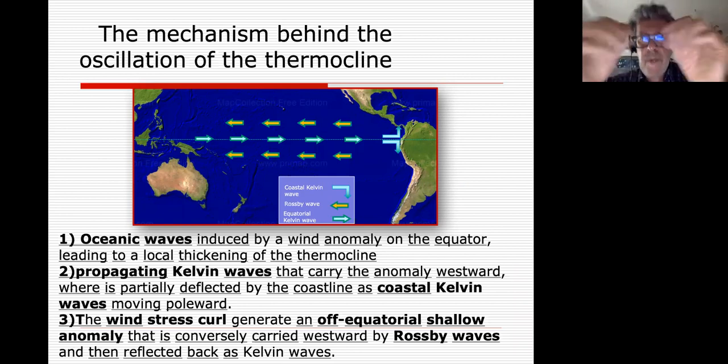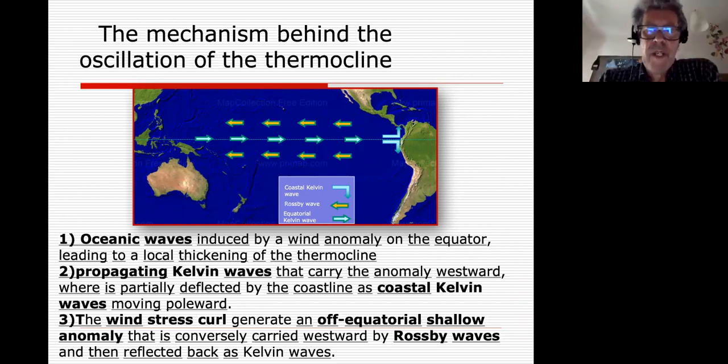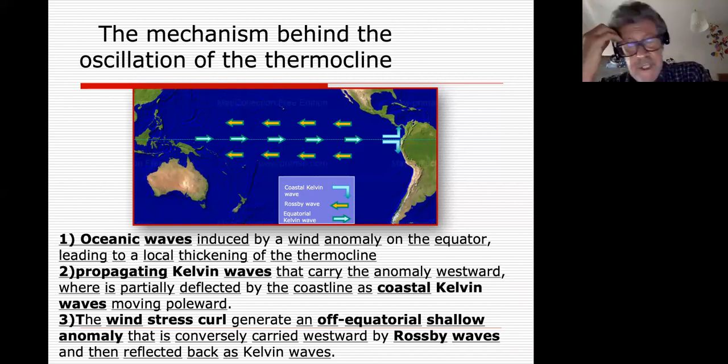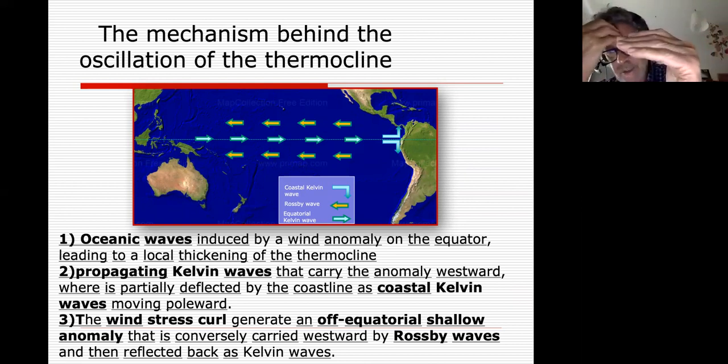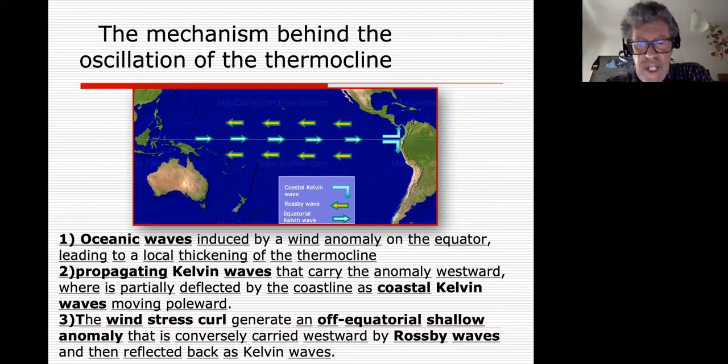The two Kelvin waves propagate poleward, subtracting part of the energy. The rest of the energy is reflected, but surely, in this case, we cannot have again a Kelvin wave. The Kelvin wave goes only eastward. Then the reflection is obtained by a Rossby wave.